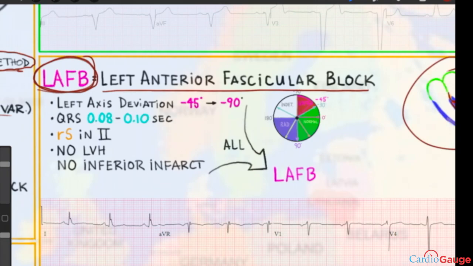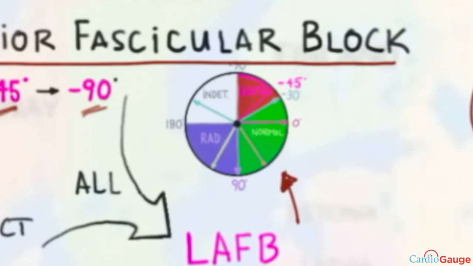The criteria for this are as follows. You've got left axis deviation from minus 45 to minus 90. So looking over here, minus 30 is right here. To be left anterior fascicular block, which is arbitrarily defined as being from minus 45 to minus 90. So you're in this range.